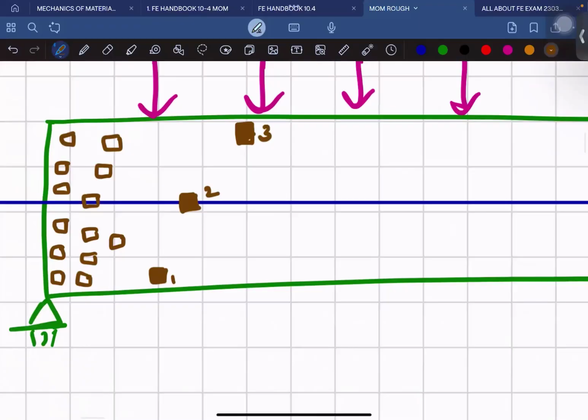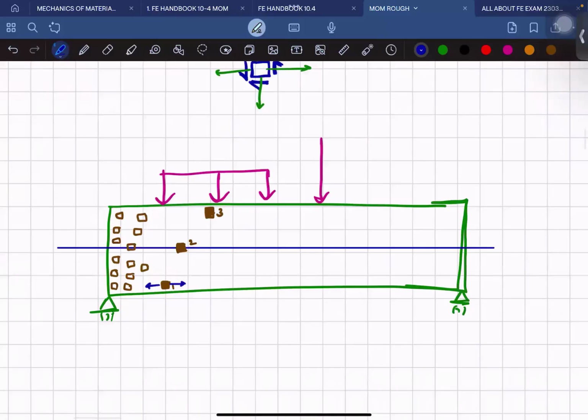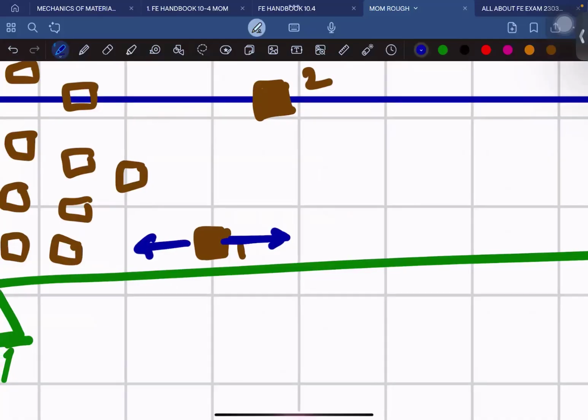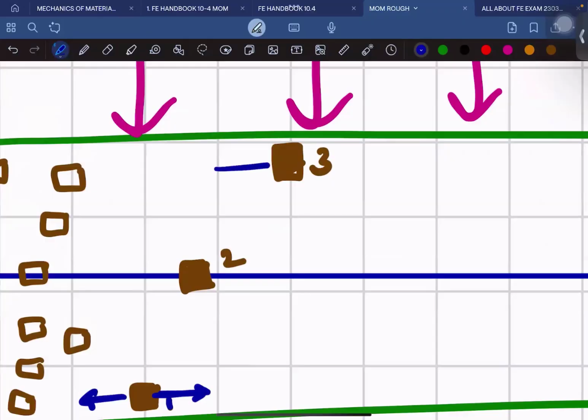So out of these 3 elements, which element could be predominantly in tension? 1. See, it is 1. Even though as a whole there is no direct tensile force, element 1 is undergoing axial forces, that is tensile. And you can say predominantly element 3 will be undergoing compressive force, which is a kind of axial force for this element.